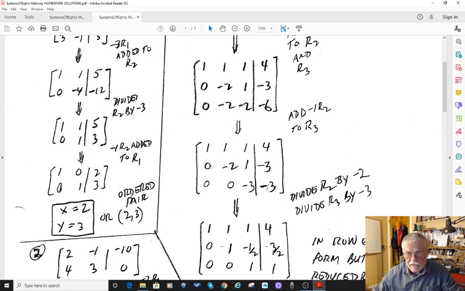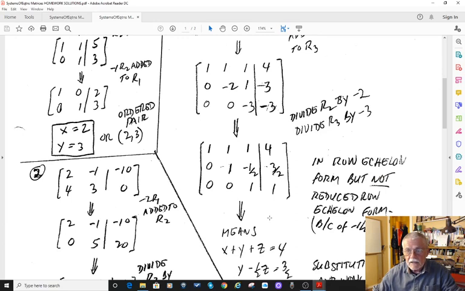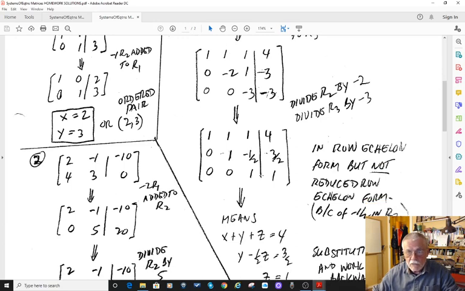So 0 divided by negative 2 is 0, this divided by negative 2 is 1, this divided by negative 2 is negative a half, this divided by negative 2 is positive 3 halves. Okay, and then I'm over here, and I say, well, I want this to be a 1, so I just divide by negative 3, and I get 1, 1. So now it's in row-reduced echelon form, which is okay.